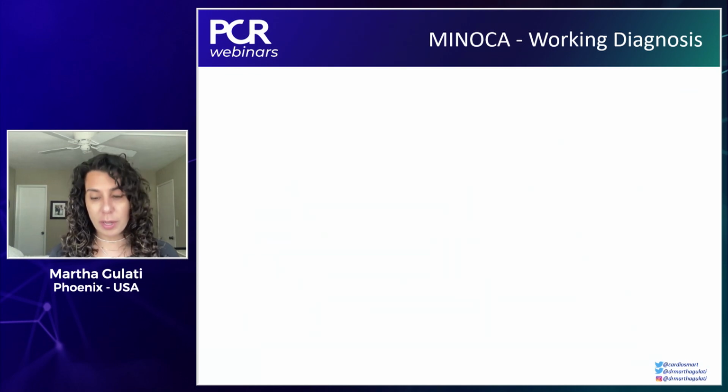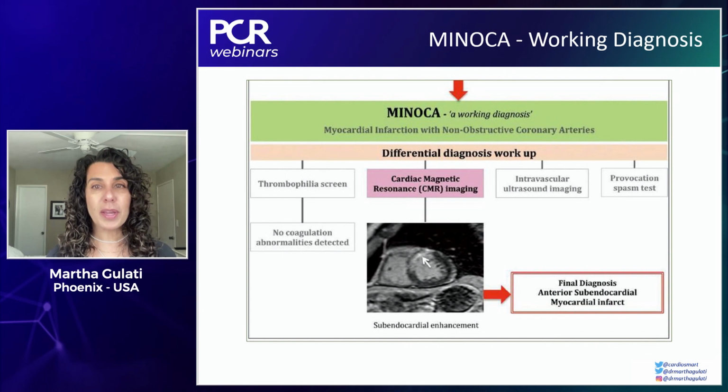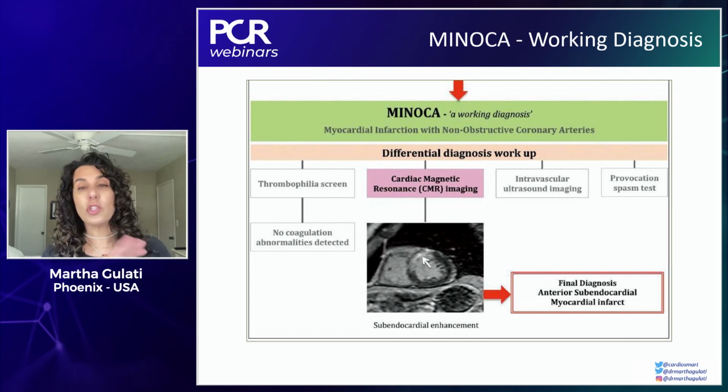Now, I told you that when I see these patients, it's usually a little bit later for me. So for this patient, they got a cardiac MR, a stress MR, and we saw evidence of anterior subendocardial ischemia, or actually evidence of a myocardial infarct is how it was read to us at that time. So they didn't even do the stress part.